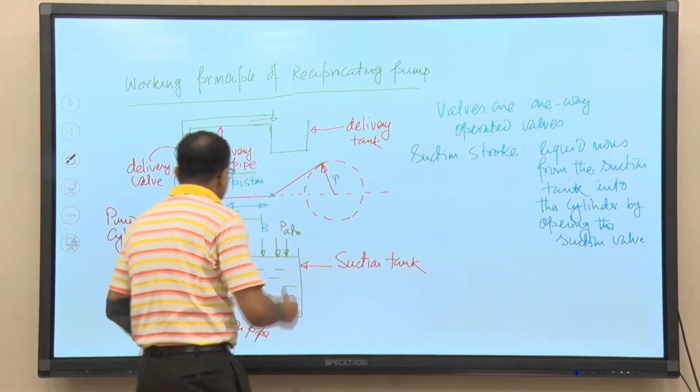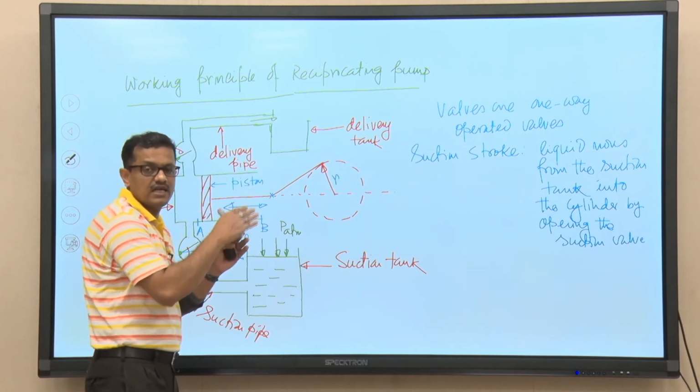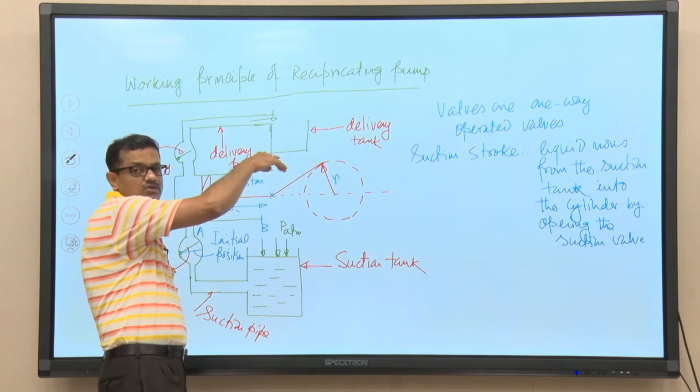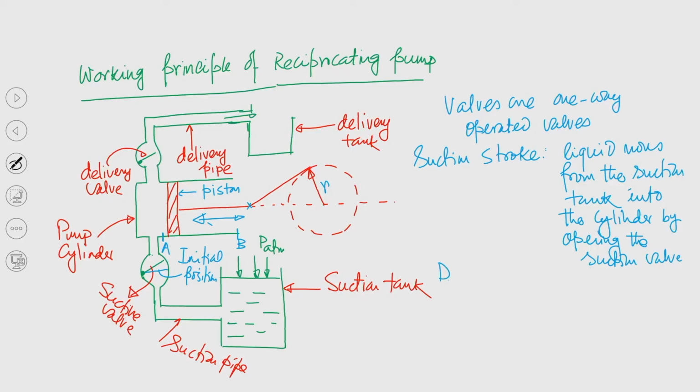Next stroke is, so when the piston is at B, that is at the end of the suction stroke, this is continuous movement. So, the next stroke will be the delivery stroke. Okay.